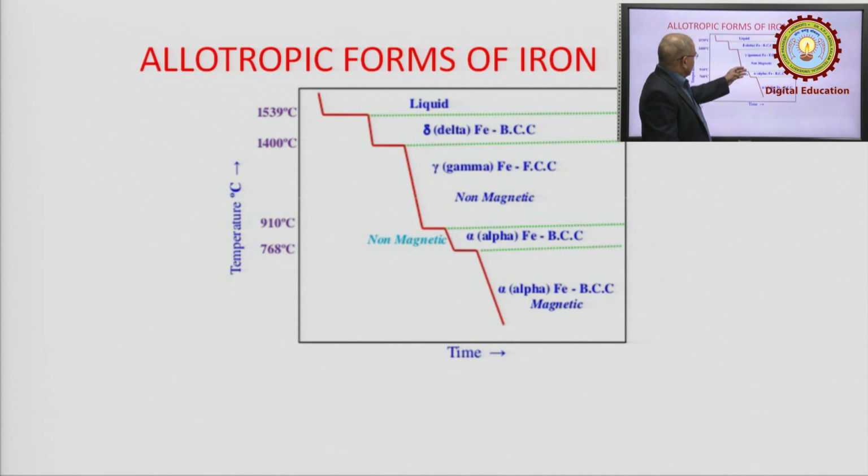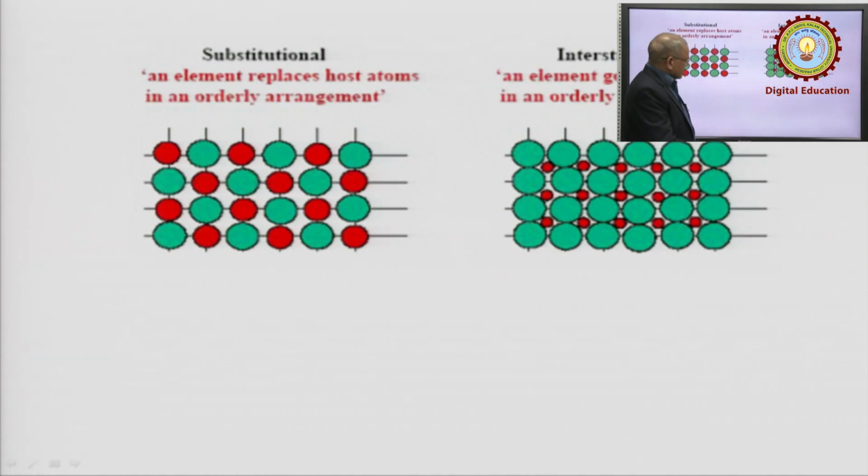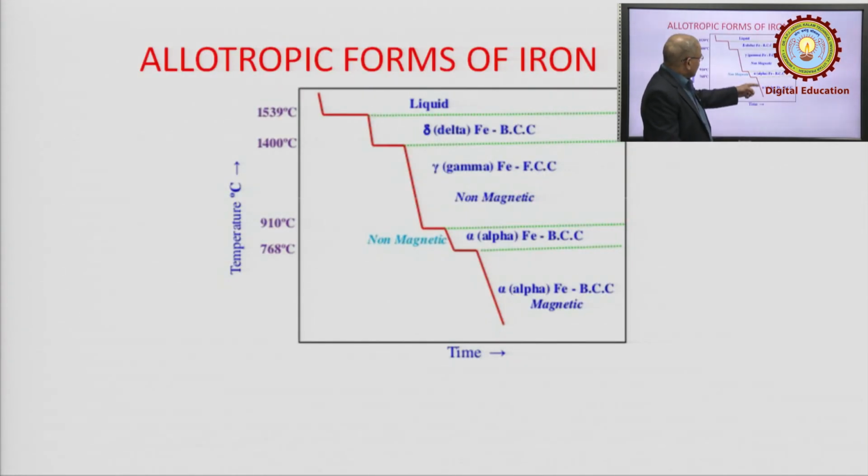Here again, as the temperature continues cooling down from 910 and reaches 768 degrees centigrade, the material starts gaining the property of magnetism. That means from here to here the material is non-magnetic, but when you cool it beyond this point, up to room temperature, the material is magnetic, even though the iron structure is body centered cubic.